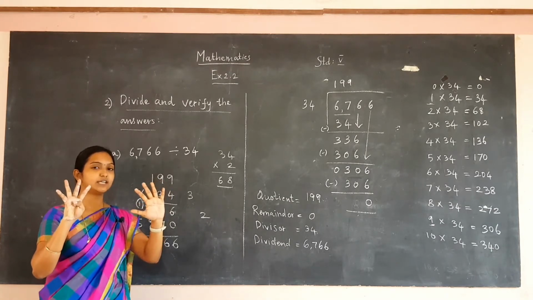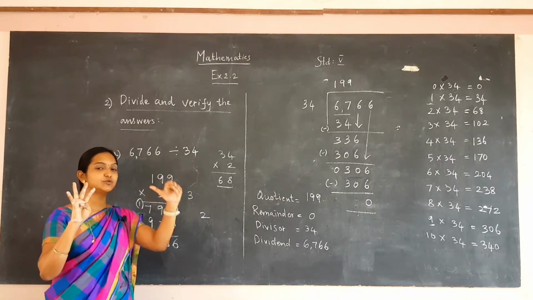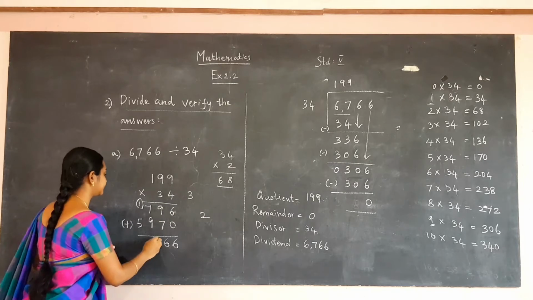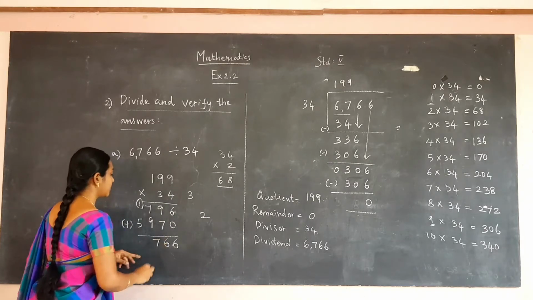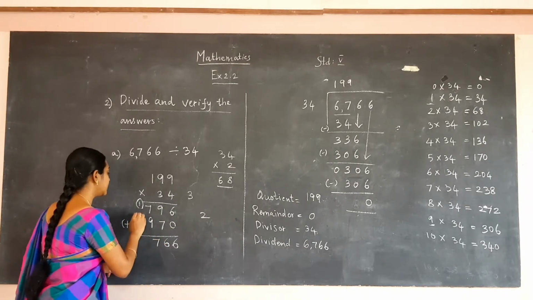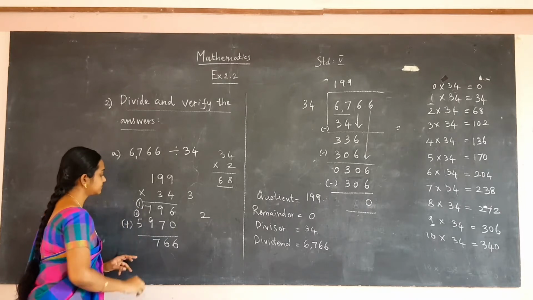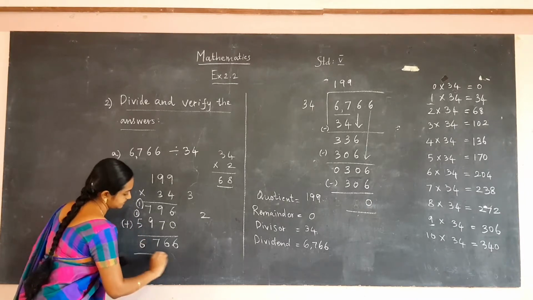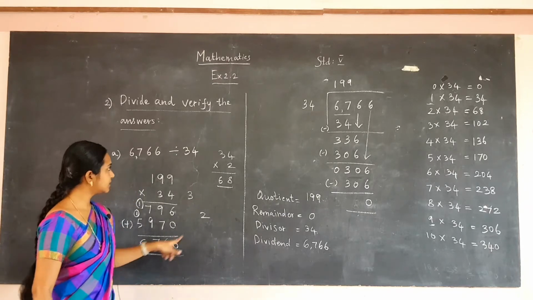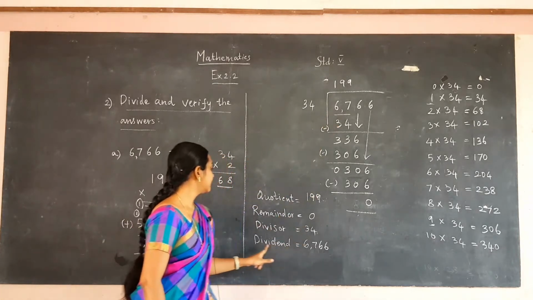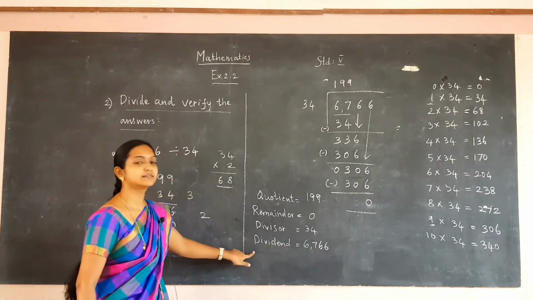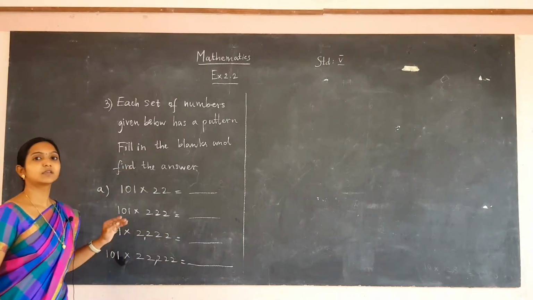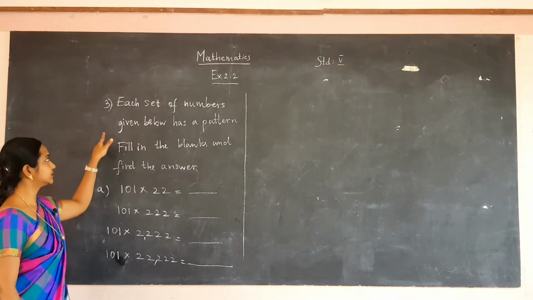Now start counting. 9, 10, 11, 12, 13, 14, 15, 16 and 17. Put 7 here and 1 in the next place. 5 plus 1 will be 6. Now we have got the same answer, that is we have got dividend. So we have verified our answers.